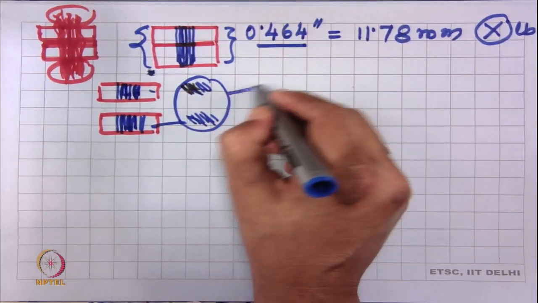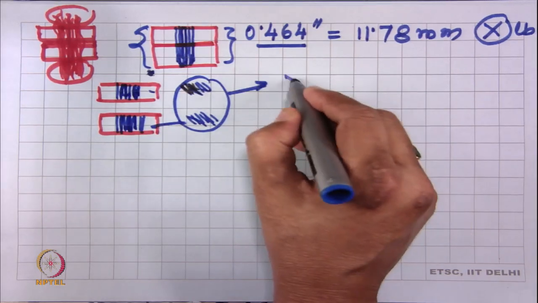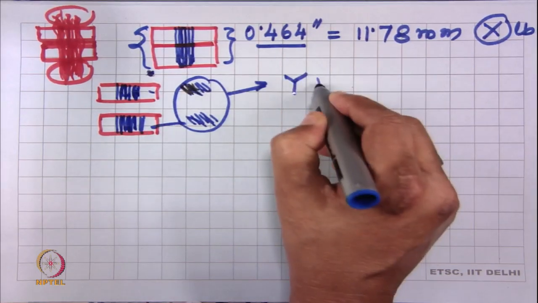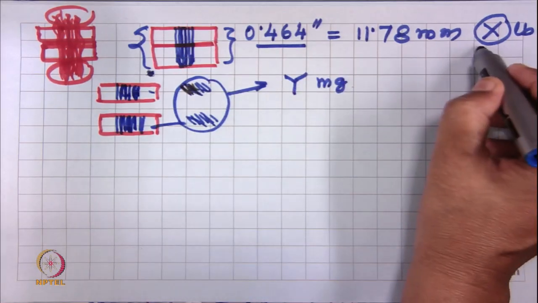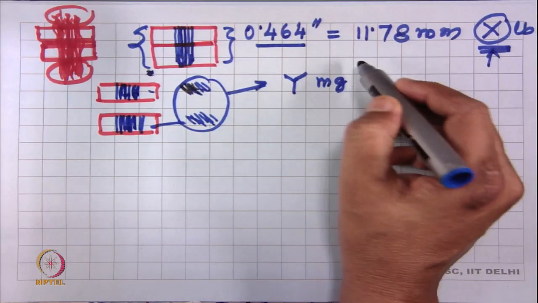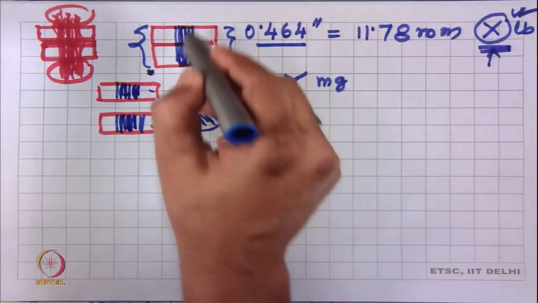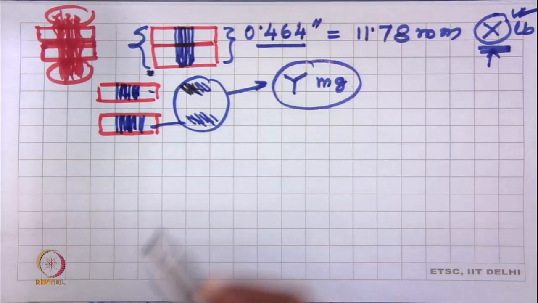And the mass of the fiber we have taken as, say, y milligram. So, x pound is the pound force, the breaking force of the bundle, and y milligram is the mass of the bundle. Okay.